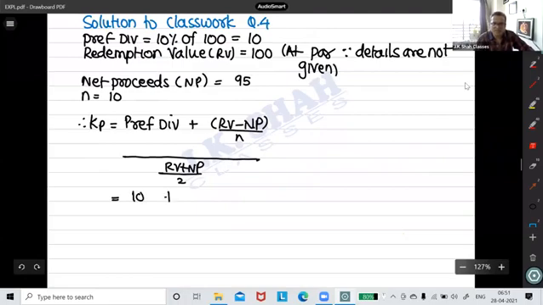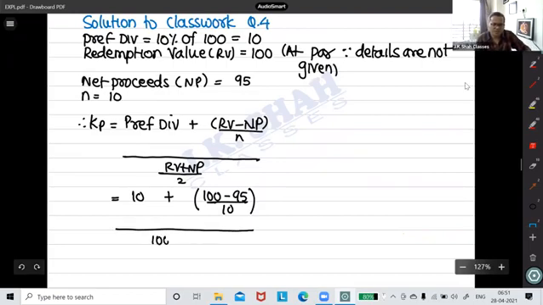This is 10. RV is how much? Redemption value 100. So you have to write 100 minus 95 upon 10, divided by 100 plus 95 upon 2. Guys, this is the only thing I wanted you to do. 10 plus, this is 5. 5 by 10 would be how much? 0.5.